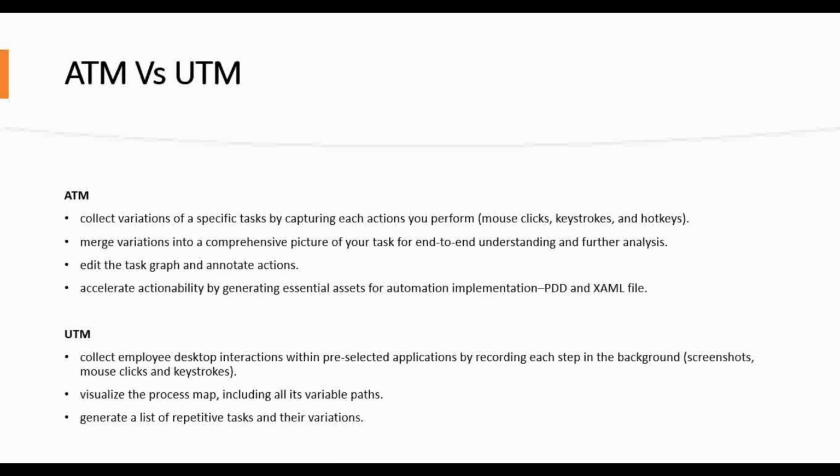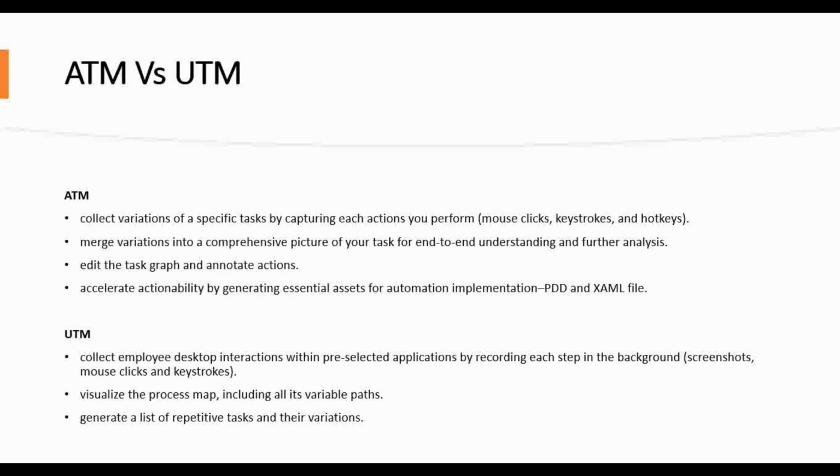Edit the task graph and annotate actions. You can edit the graph that got created, and you can add annotations as well for better documentation as well as for understanding. And accelerate actionability by generating essential assets for automation implementation, like a PDD and a XAML file. Just consider that once we have done this ATM, which we can capture using Task Capture, it can be exported to either a PDD or a XAML file.